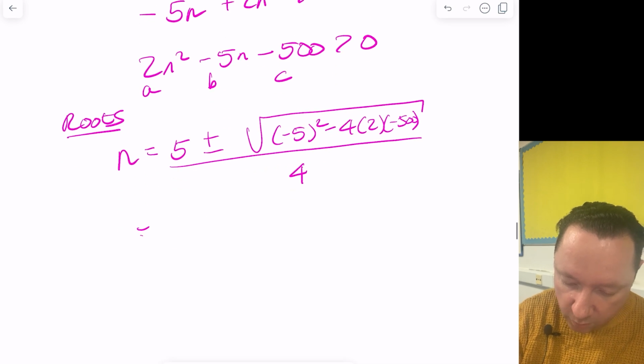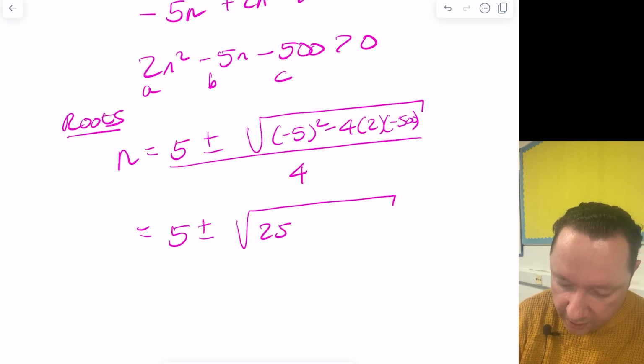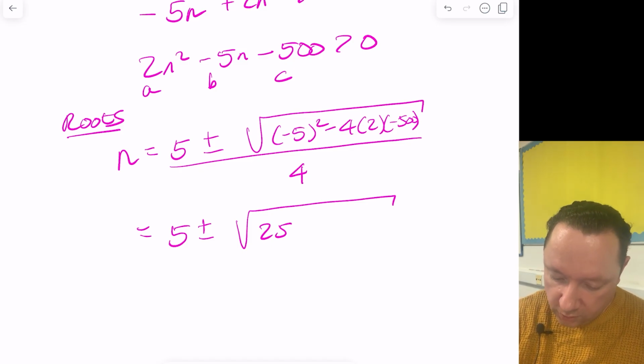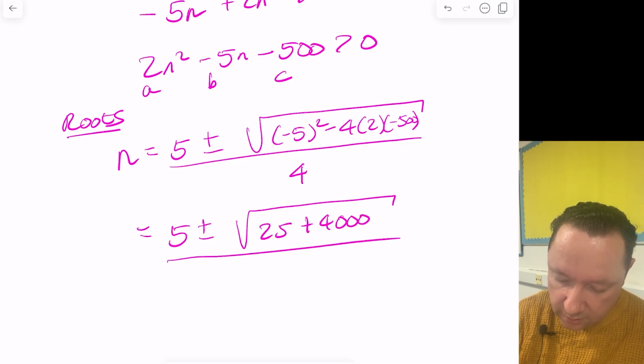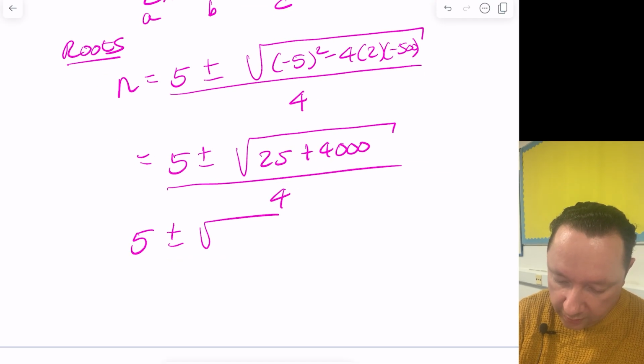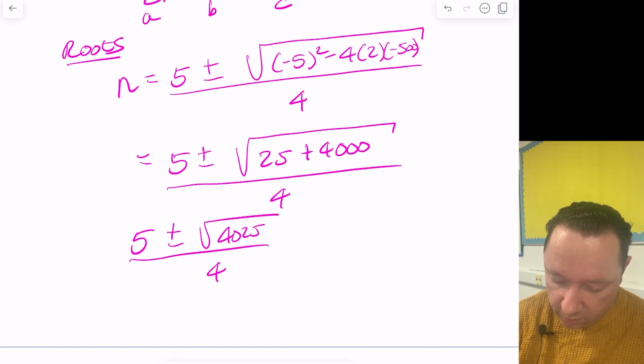So just being careful, we get 5 plus or minus the square root of 25. 4 times 500 is 2,000, times 2 is 4,000, and it's plus because it is minus minus. So that's 5 plus or minus the square root of 4,025, over 4. And you'll just need to get a calculator for that one.